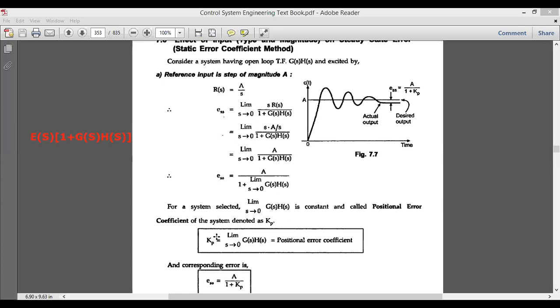So what is the value of Kp now? Kp is equal to limit s tends to 0, G of s into H of s, which is my positional error coefficient.